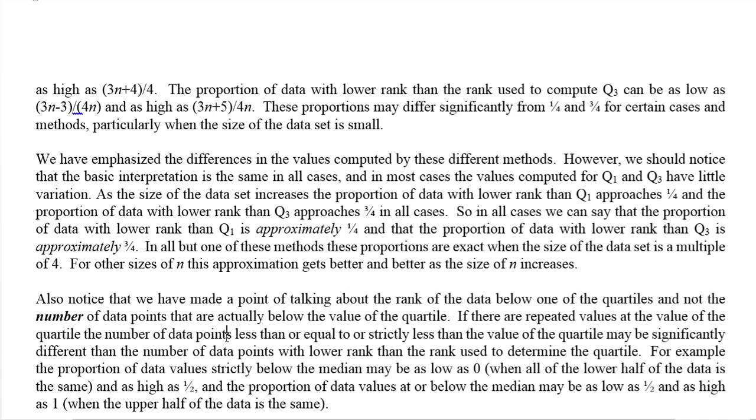So, for example, the median could actually have 0 below it if all the lower half of the data is the same, or it could be as high as a half below it, and that's the most. Okay.